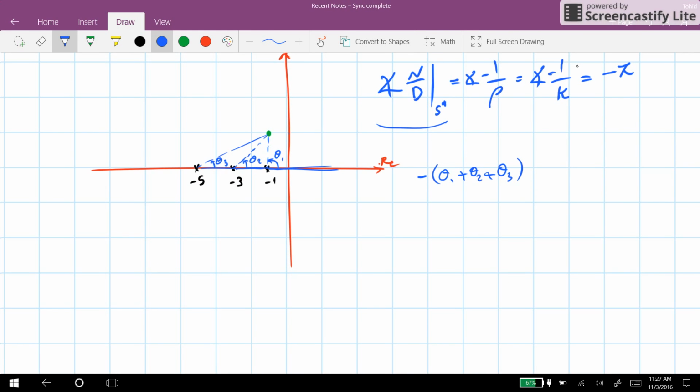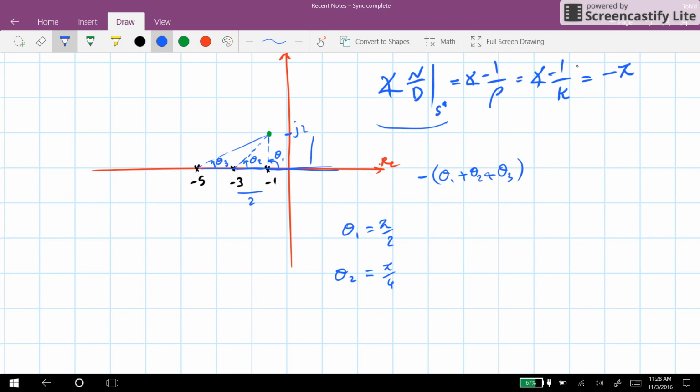So for theta 1 here we have j2. For theta 1 we obviously have pi over 2. For theta 2 we have pi over 4, because here we have 2 and here we have 2.